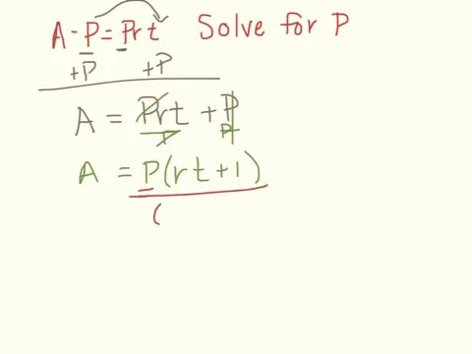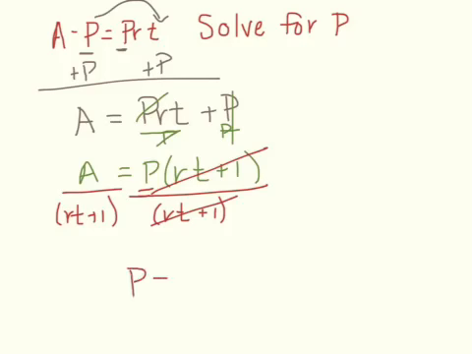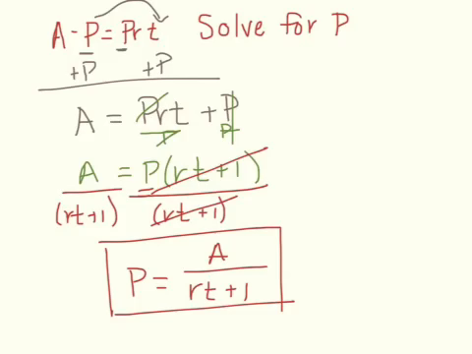So let's divide by the quantity RT plus 1 on both sides. Those will cancel and I now have isolated P. P equals A over the quantity RT plus 1. Now I have solved for the letter P.